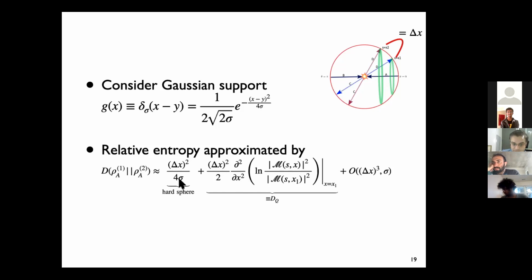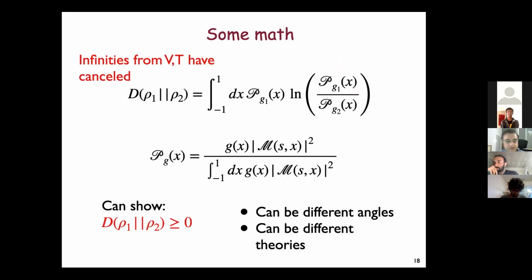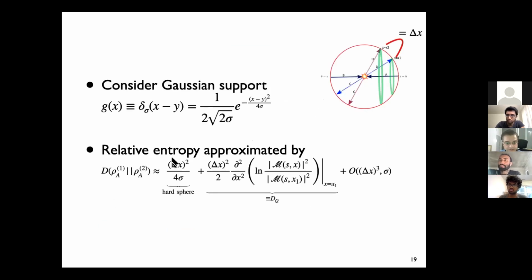This is also delta x squared, but then there is a small sigma sitting in the denominator. It is a straightforward calculation to show, just using the property of the probability density, that this relative entropy, the way that we have set it up, is always positive. There might be other ways of calculating relative entropy, but the way that we have set it up using these support functions is always positive. So this fact that it is always positive gels with that intuition.